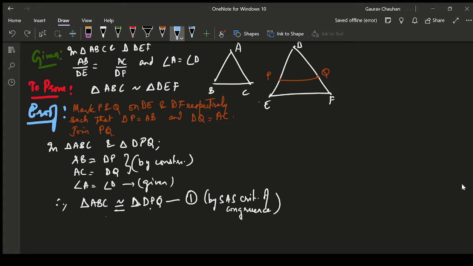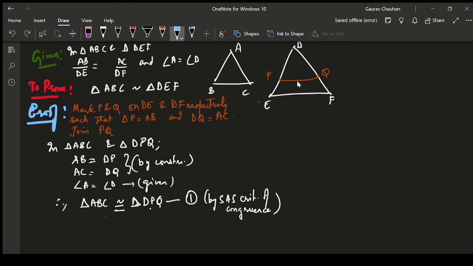So triangle ABC is congruent to triangle DPQ, which means what I've done is I've essentially brought this triangle here, and now we're going to see what's going to happen here. Okay. Now let's look at this triangle and this triangle. Okay. Let's forget about this for a bit. Whatever we do with this triangle, we can replace with this triangle going ahead. All right. Let's look at triangle DPQ and triangle DEF.